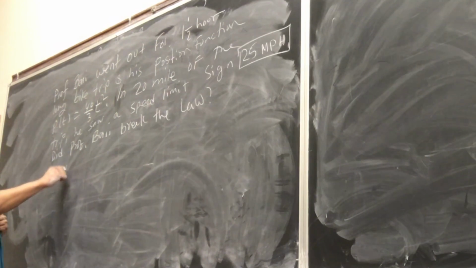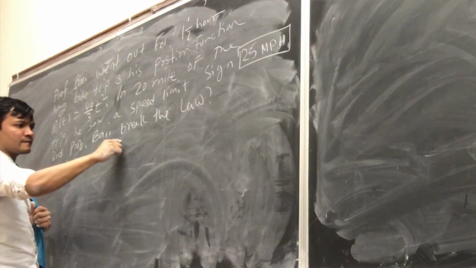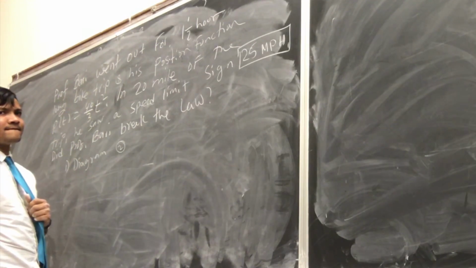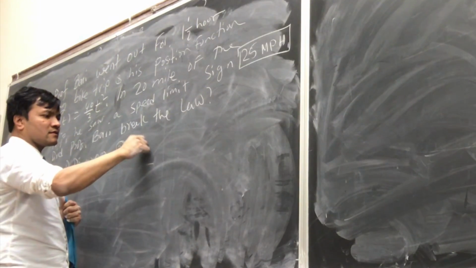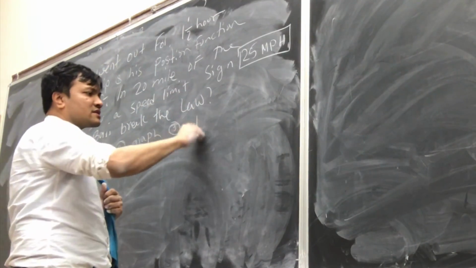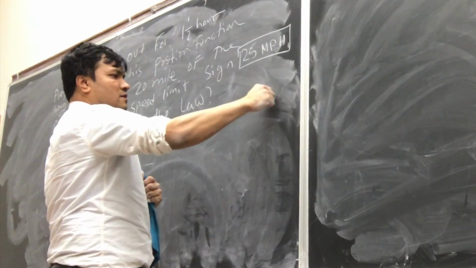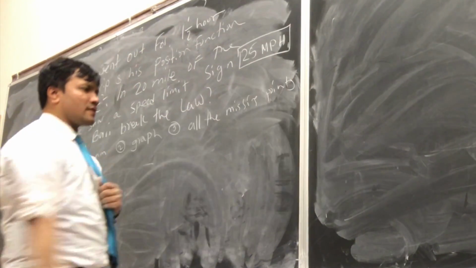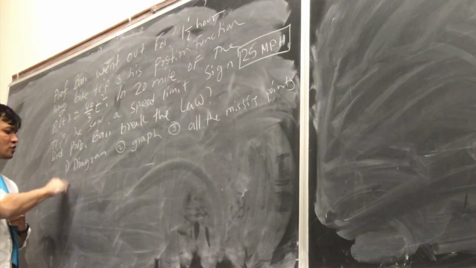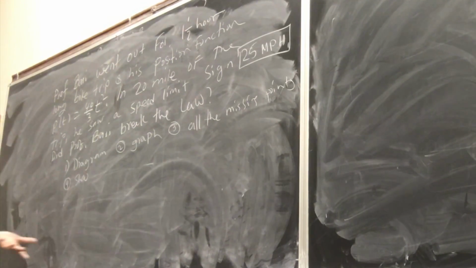So number 1, diagram. Number 2, graph. Number 3, all the missing points. Number 4, show when algebra breaks down.